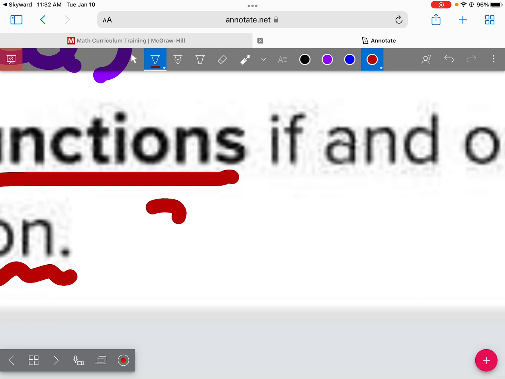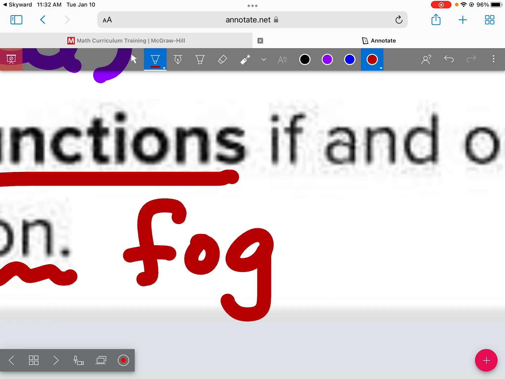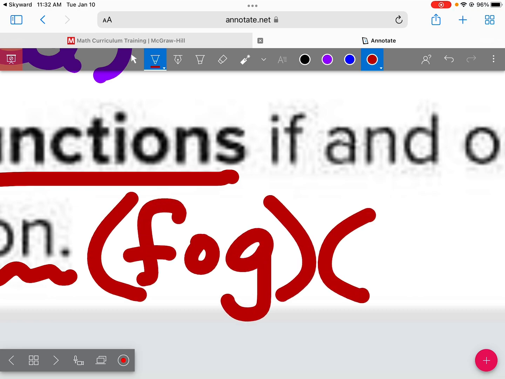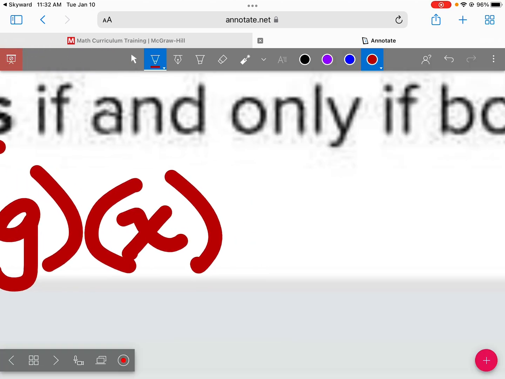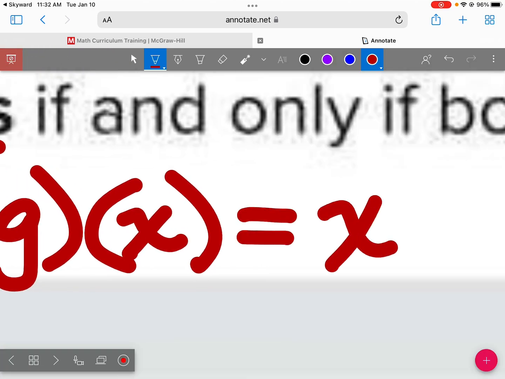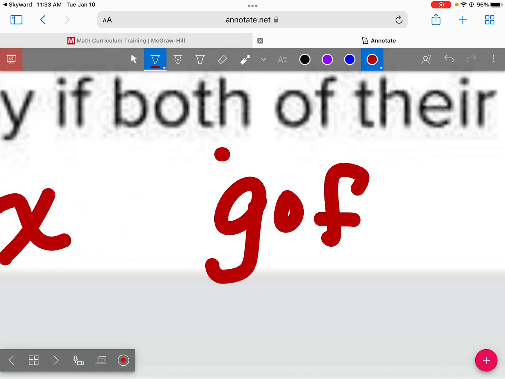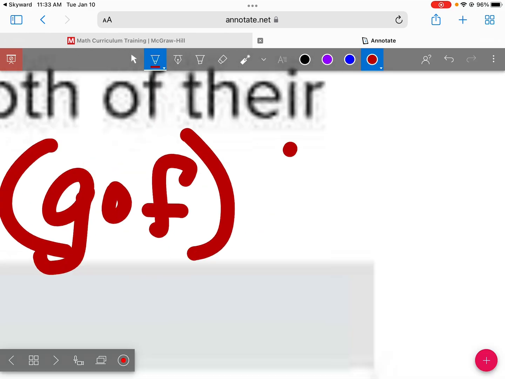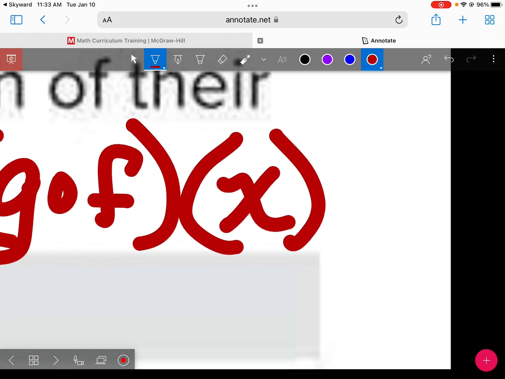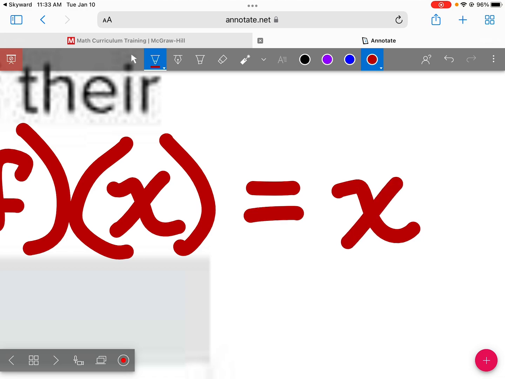What that means is that when I do f of g of x, I'm going to get just x back. When I do it the other way around, g of f of x, I would get just x when I simplified it. If that's true, then they are inverses of each other.